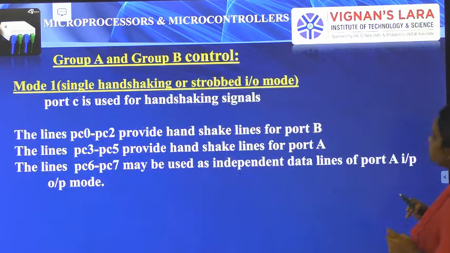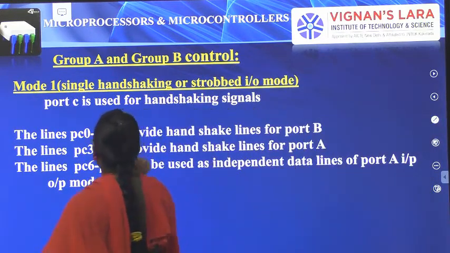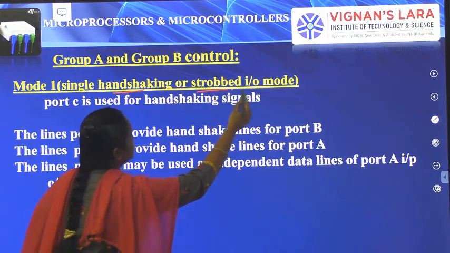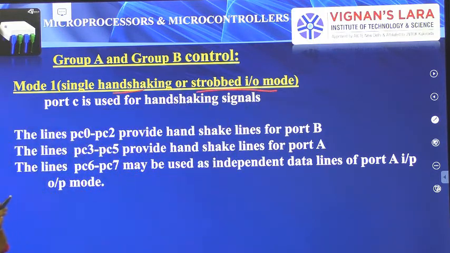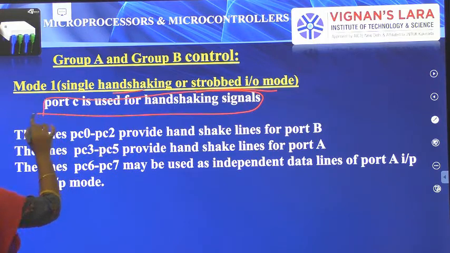But coming to mode 1, it is called single handshaking or strobed input output mode. Port C is used for the handshaking signals. That means port C is especially used in this mode 1 operation for providing handshaking signals for transmitter and receiver.